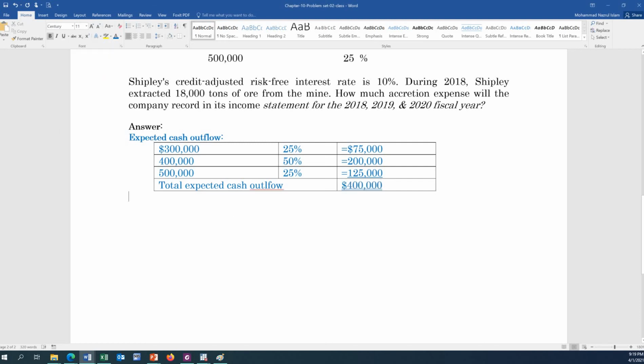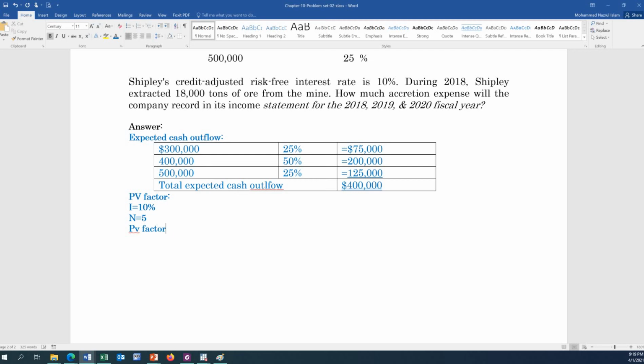Now the present value factor. To calculate the present value factor, i is 10% and n equals 5.